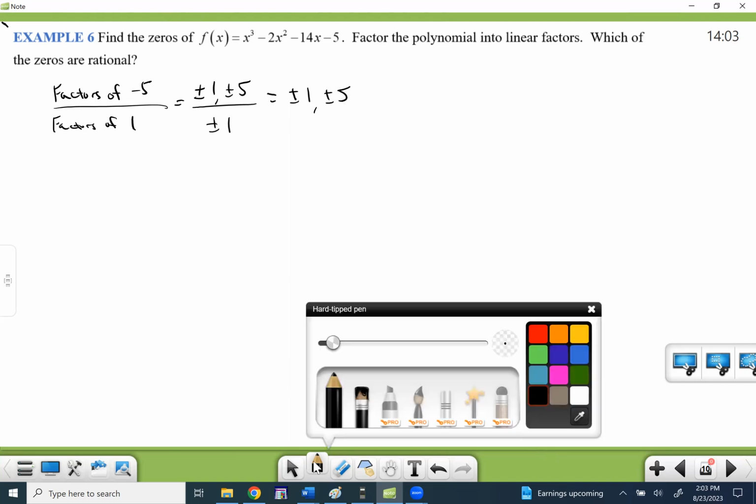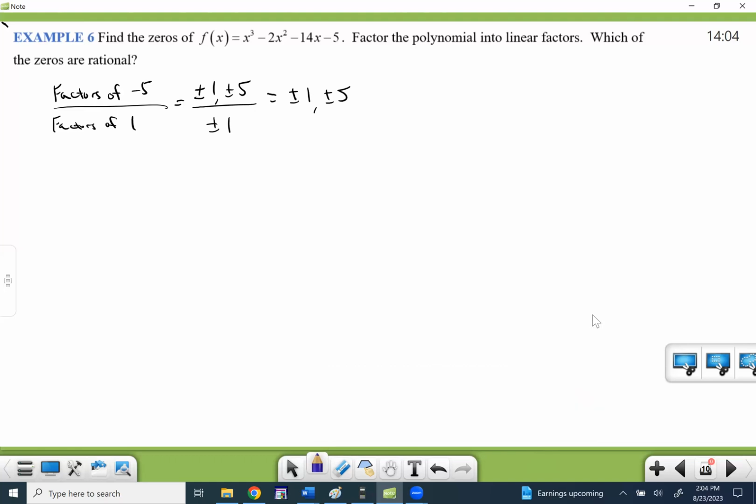We're going to try some synthetic division with these, and let's see what happens. Exponents, 3, 2, 1. We got them all. So we don't need any zeros when we put these in here. I'm going to try 1. Let me write the coefficients down.